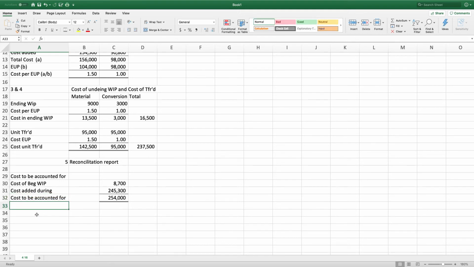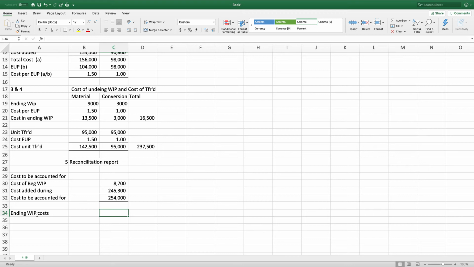Okay? Now we have to look at the ending WIP and the units completed and transferred out. So we're going to look at ending WIP costs. So what are my costs of ending WIP?